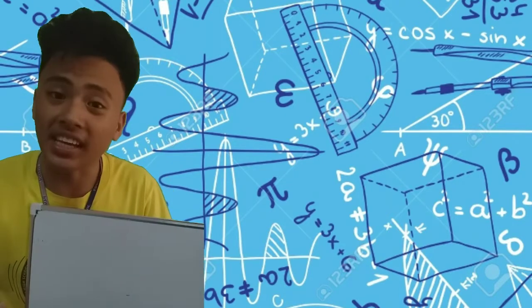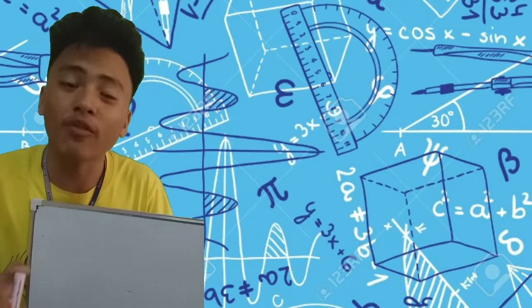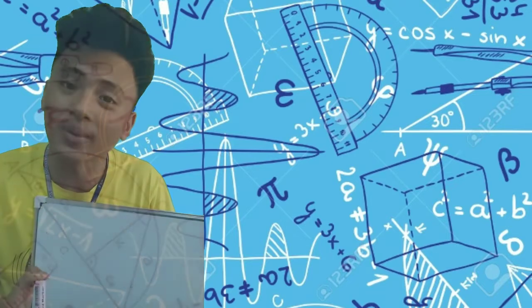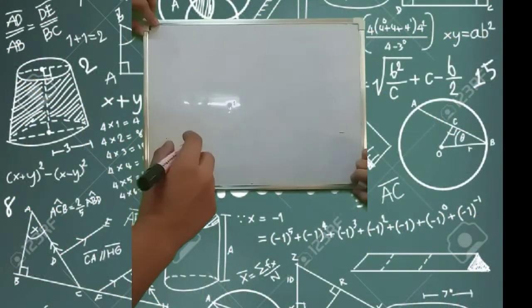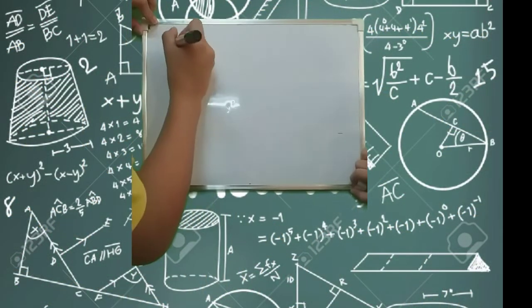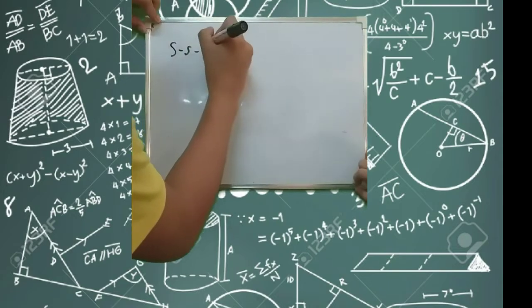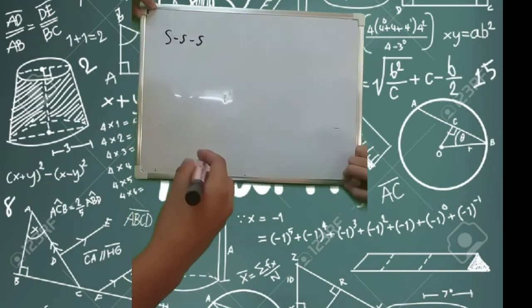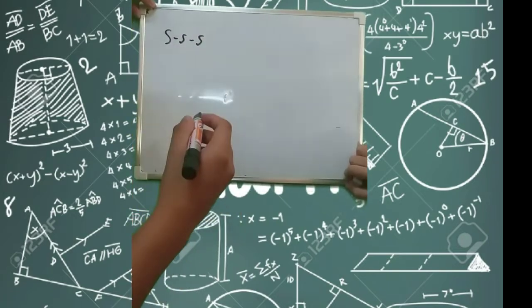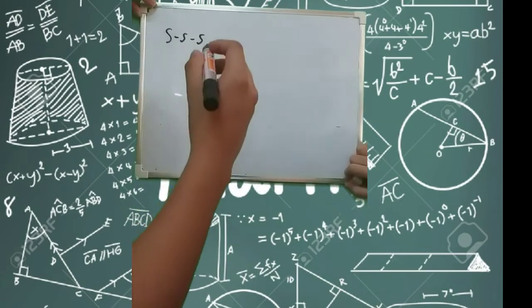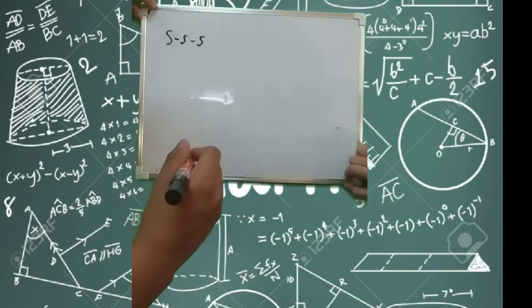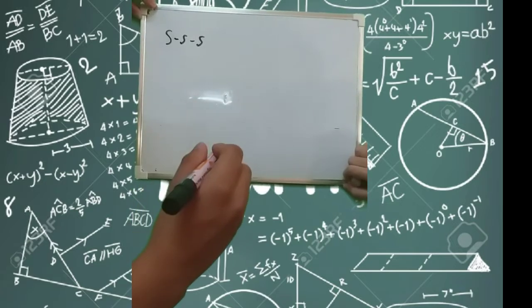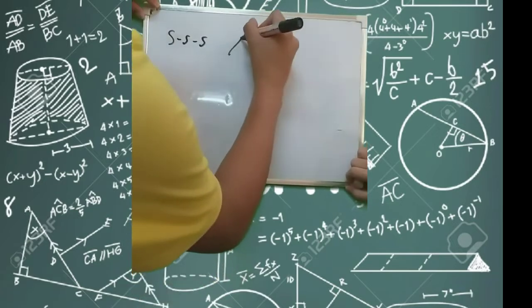Okay, CPCTC: corresponding parts of congruent triangles are congruent. Let's go to the first postulate, which is SSS, or side-side-side postulate. It states that if three sides of one triangle are congruent respectively to three sides of another triangle, the two triangles are congruent.